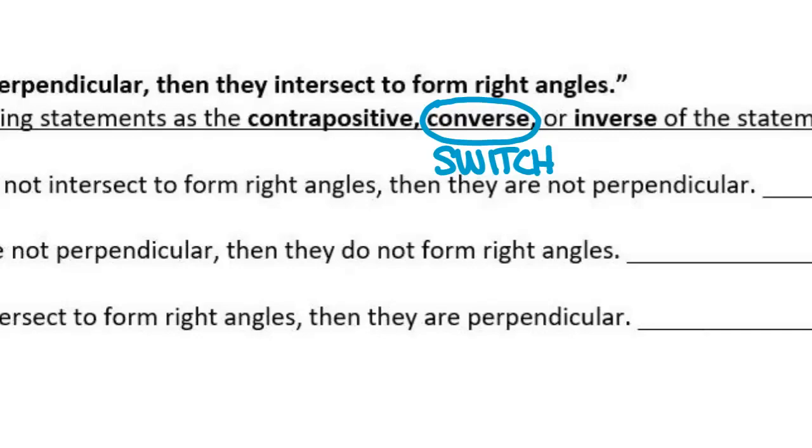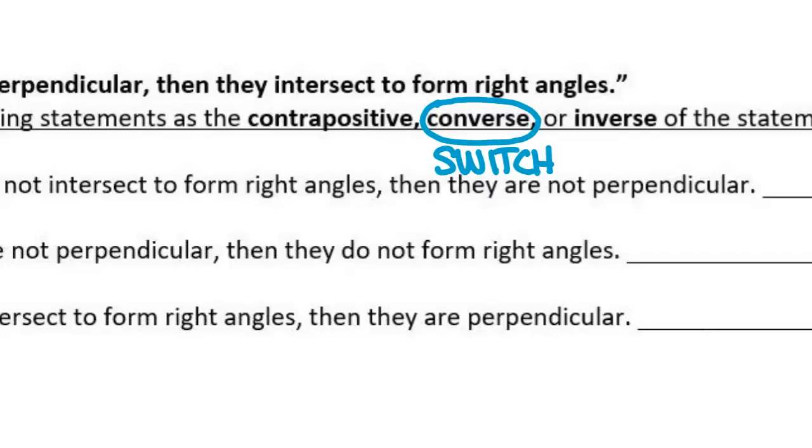Instead of reading the 3 sentences and deciding which one it is, I'm going to find one of these. I know what it means to do. I'm going to look at my sentence and make the converse in my head, and then go figure out which one matches that, and I'll mark it as the converse.